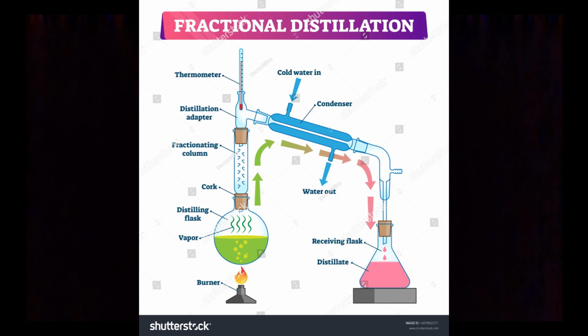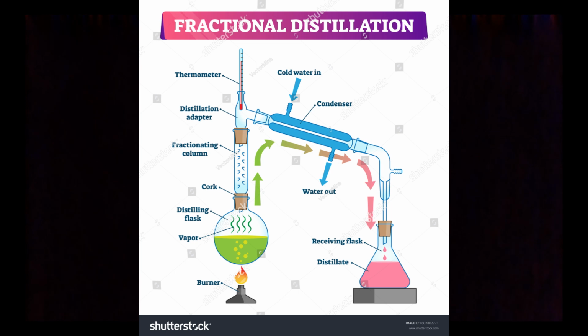We have taken an example. It may be a mixture having more than two liquids mixed together, and you can separate each liquid using the fractionating column, or industrially we use fractionating towers. Now let us understand why these two liquids are separated.